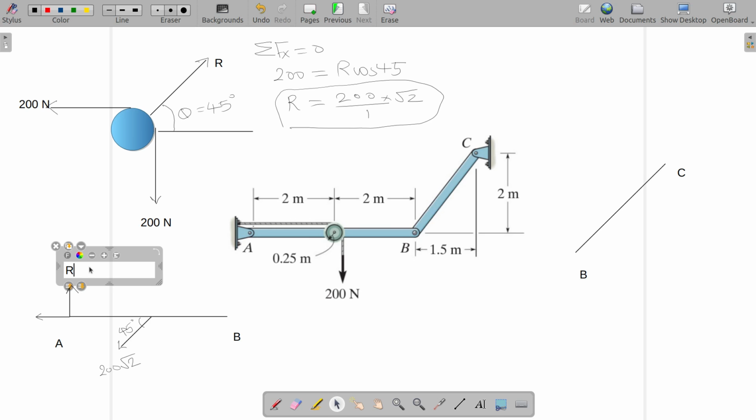We'll call it R A Y. Okay. This is R A Y, and this one here is R A X. Okay.